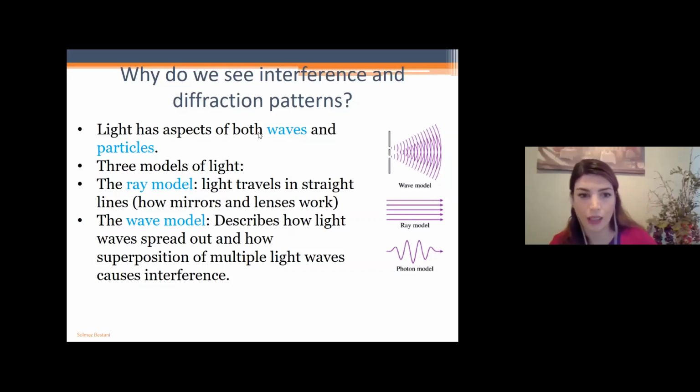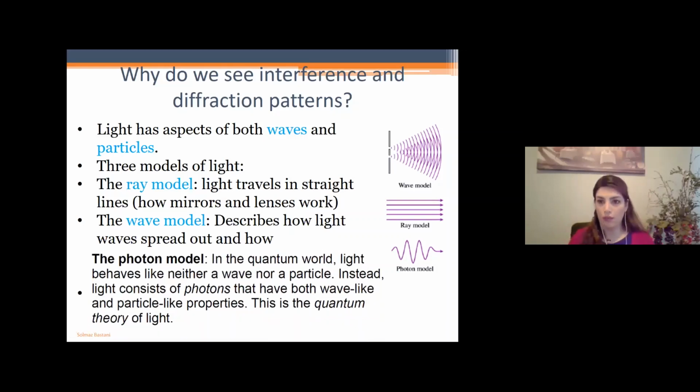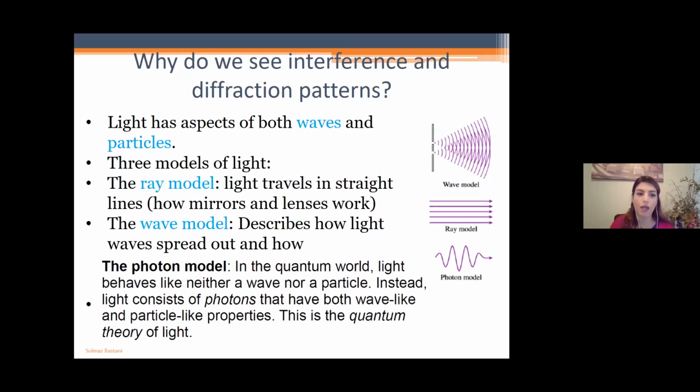Now let's see. Okay, so the photon model says in the quantum world, light behaves like neither a wave nor a particle. Instead, light consists of photons that have both wave-like and particle-like properties.